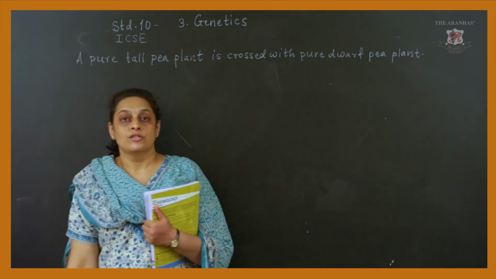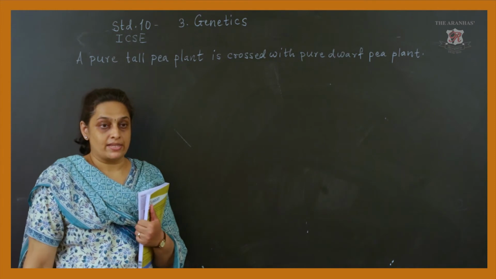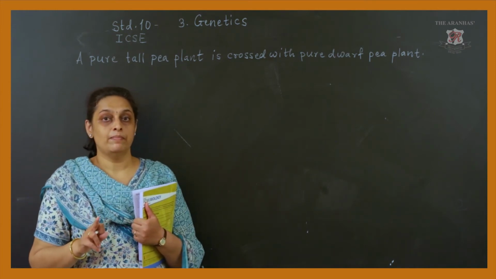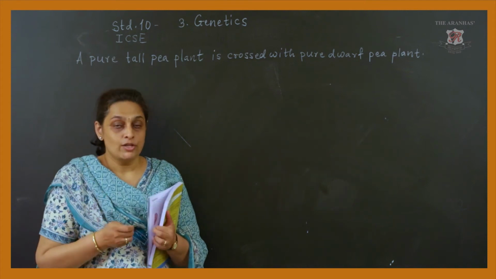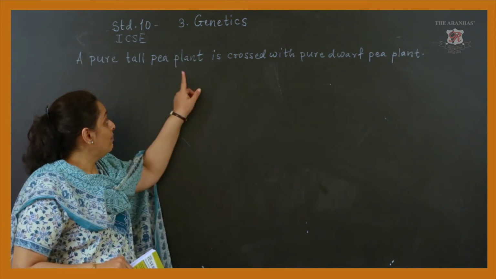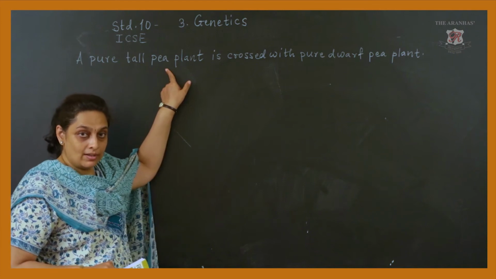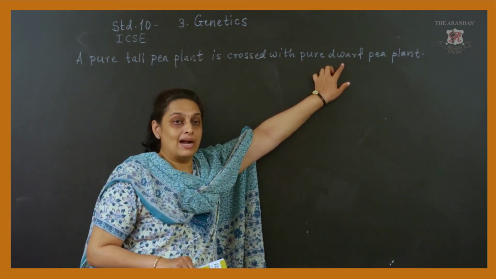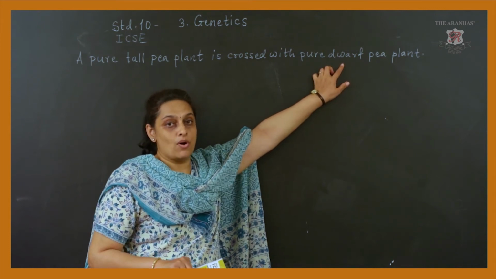Okay. So here are the two parents. Remember what was the first step of Mendel's experiment? Parents are selected. So here one parent is tall, whereas the other parent or the other plant is dwarf or short.